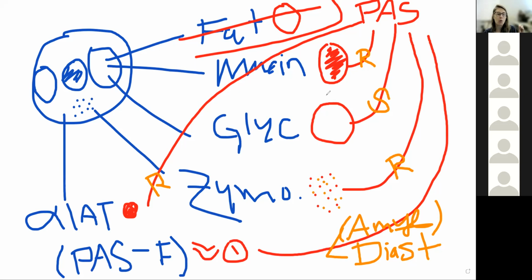So when you are dealing with a vacuole in a cell that you don't know if it's mucin or glycogen or alpha-1 for that matter, or even a zymogen granule, the one that will stain with the PAS and be digested out with the diastase is glycogen.